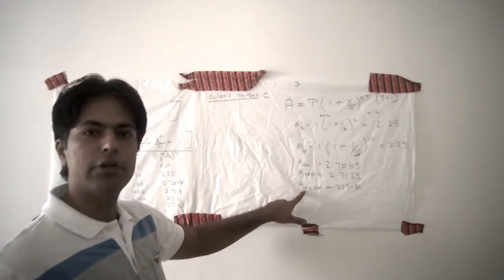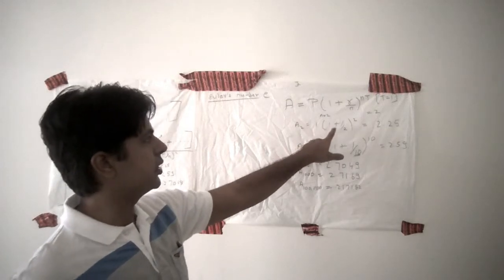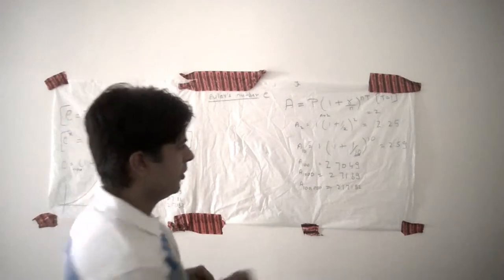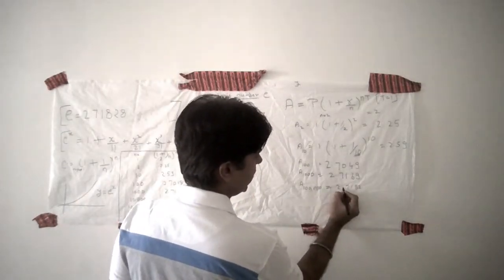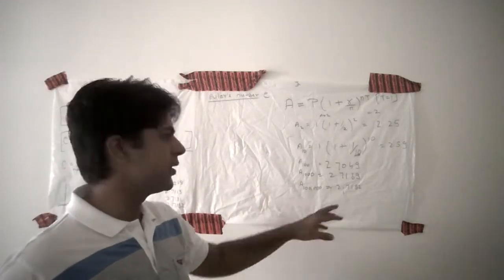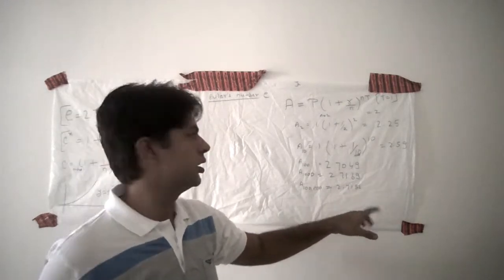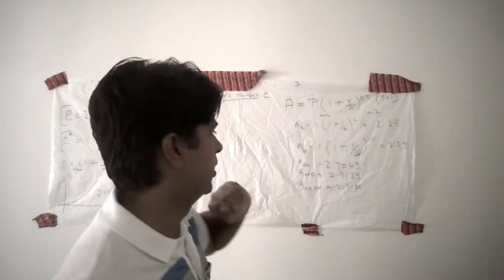I made n equal to 1 lakh. So this formula will become 1 plus 1 upon 1 lakh to the power 1 lakh. This amount became 2.7182. Keep on increasing and this number is not increasing to that extent as it was increasing earlier.